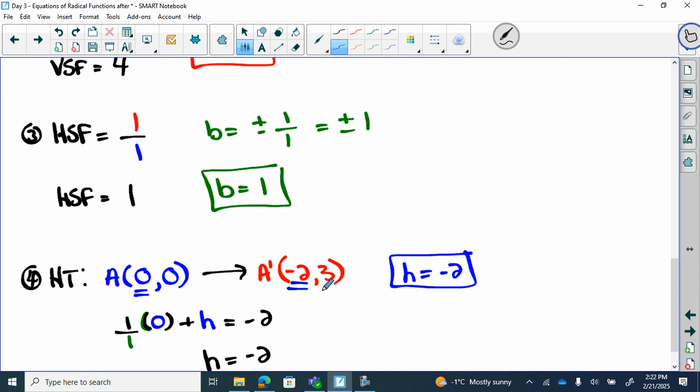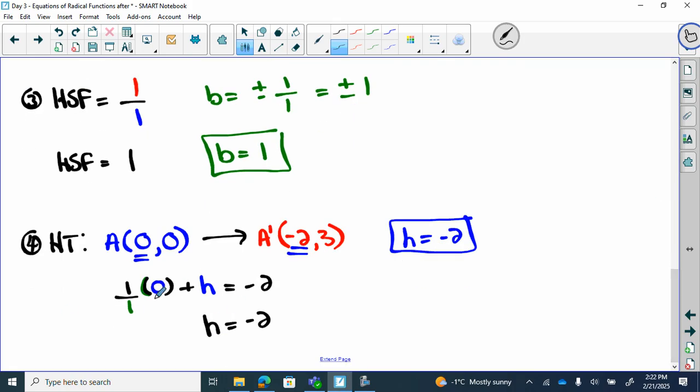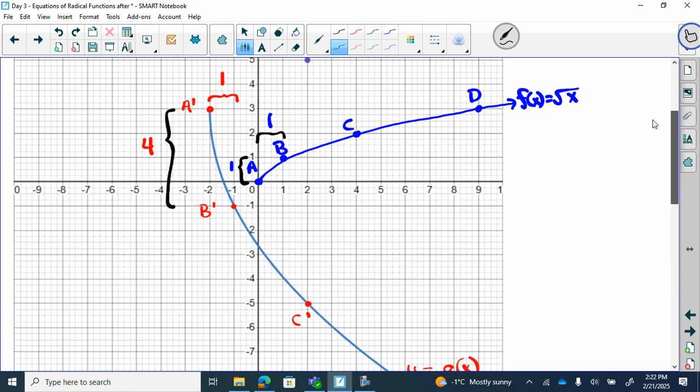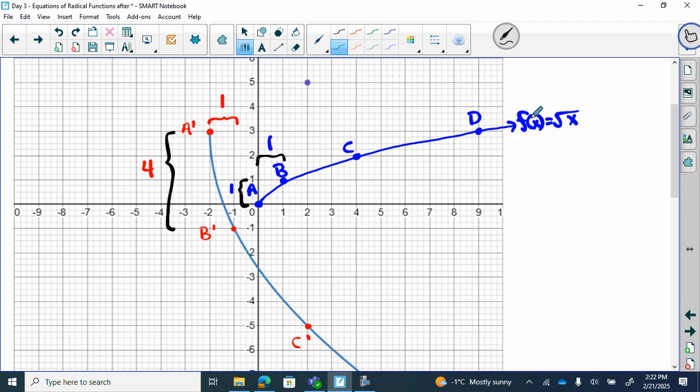H equals -2. Easy peasy. Do I have to do that? Like, do I have to show this? No, not in this unit, because like 0, 0, we're always transforming this curve in chapter 2.